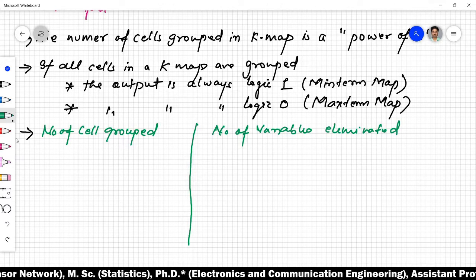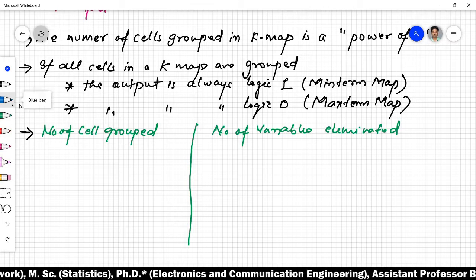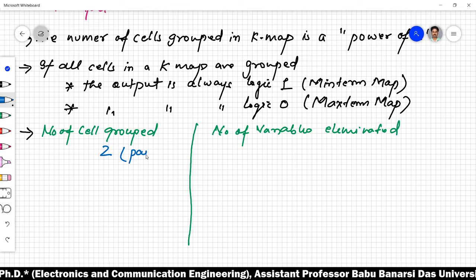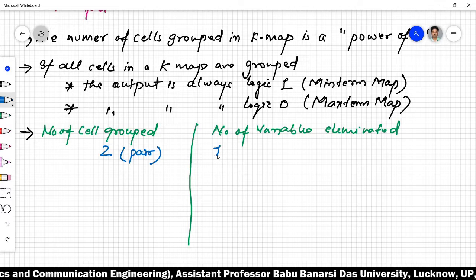For example, if we make a group of two adjacent cells, normally called a pair, we eliminate one variable.